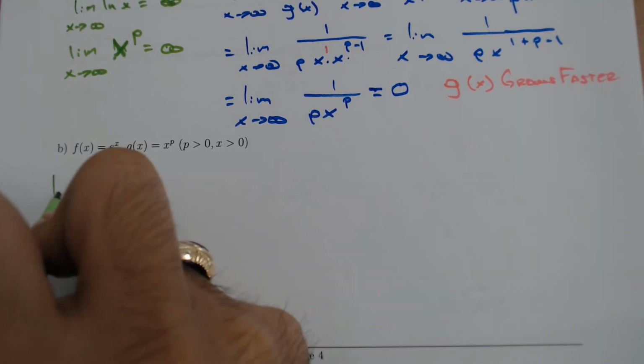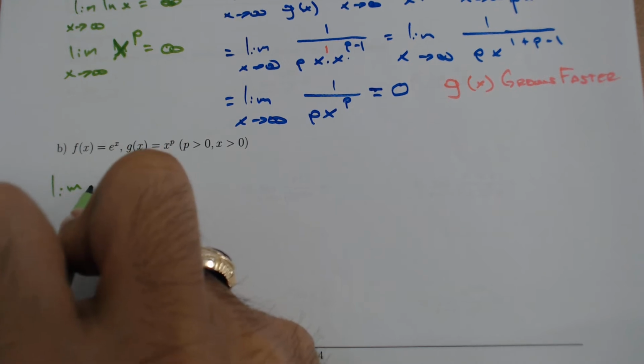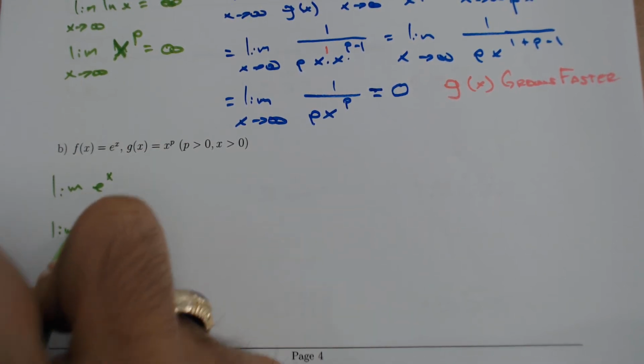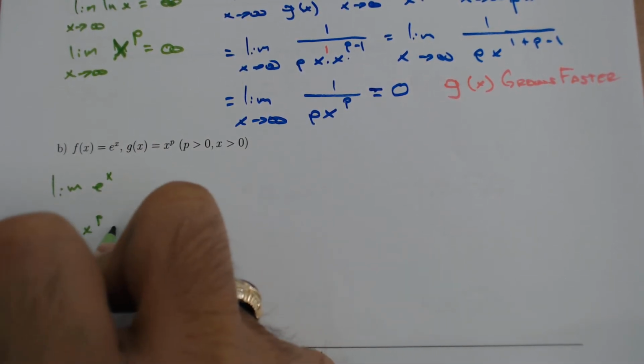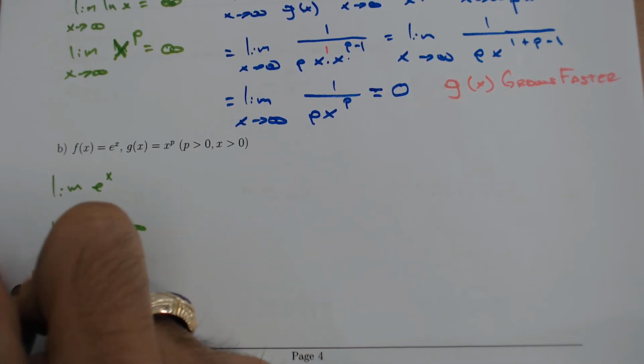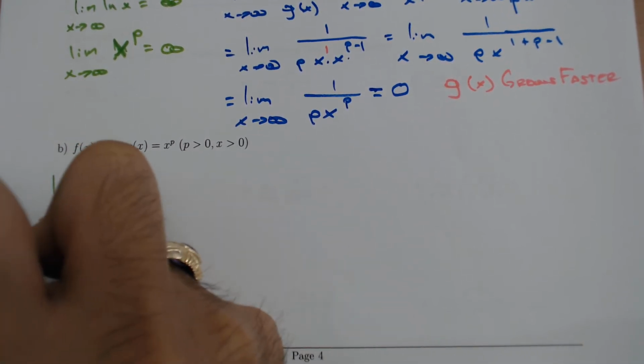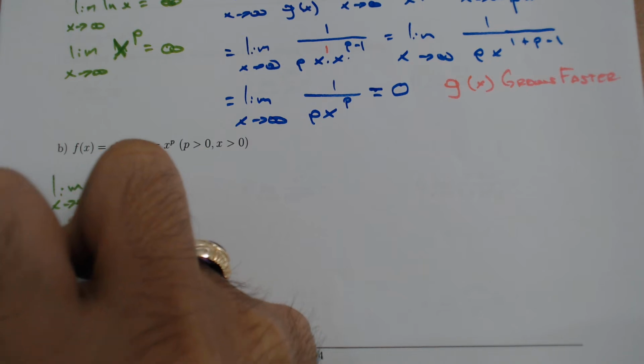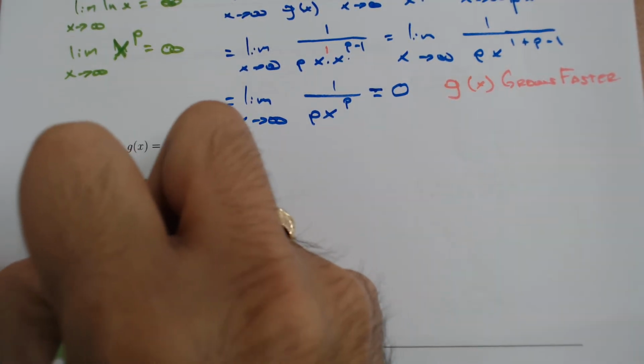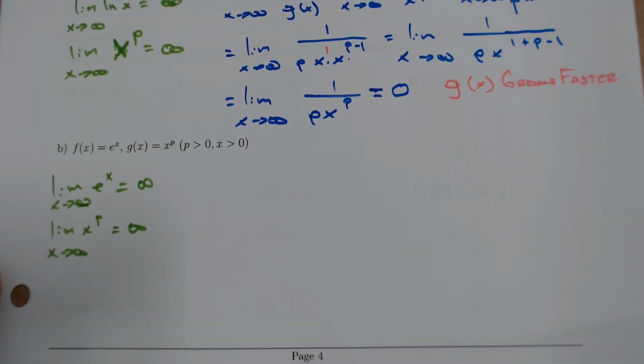All right, so in a similar way, limit of e to the x and limit of x to the p. We already did the x to the p, and actually both are infinity. So let's set it up.